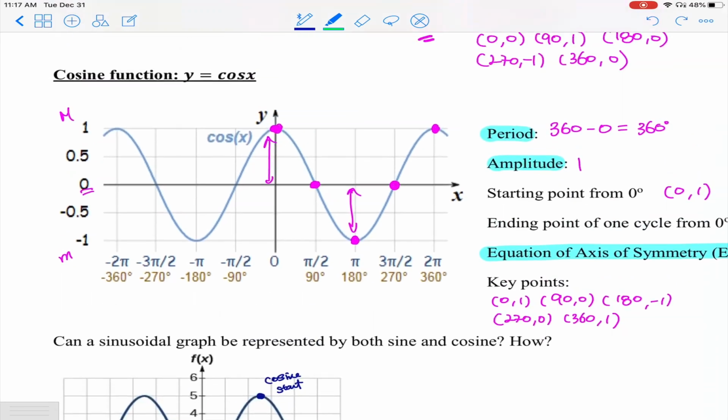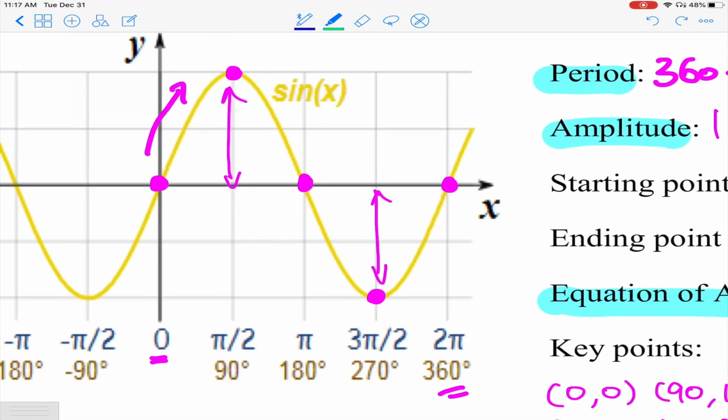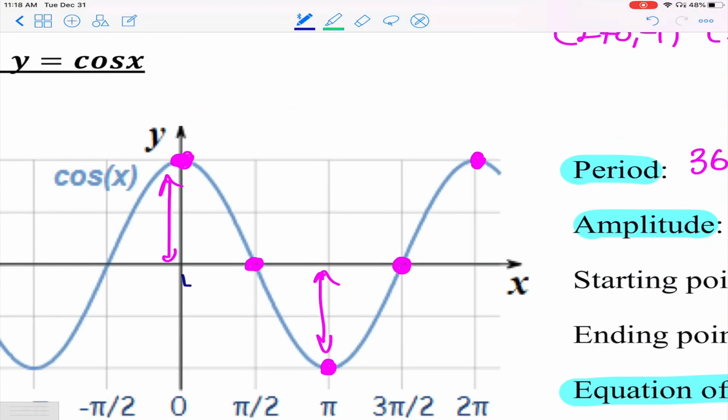Now, another thing that I forgot to mention about sine and cosine is that the sine graph has 5 key points, and because it has 5 key points, it divides that one cycle into 4 equal length segments. The same thing goes for the cosine. That's 90 degrees, 180, 270, and then 360.